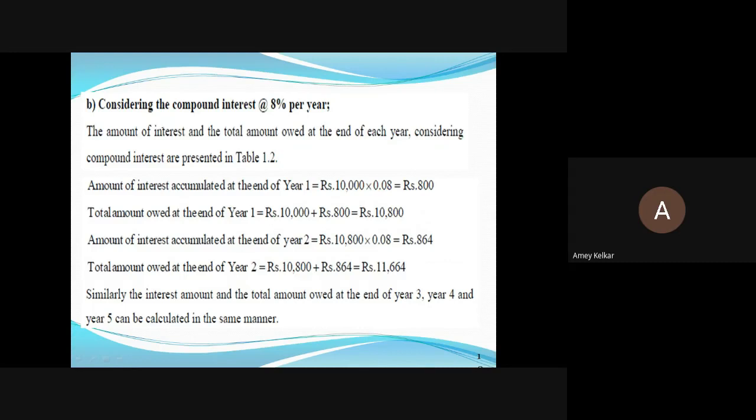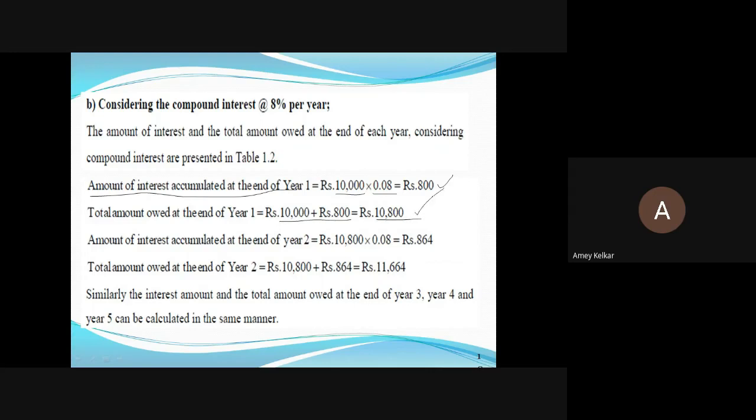Okay, so this calculation will make it clear to you. So amount of interest accumulated at the end of first year. So for first year, what is happening? Amount is 10,000. We are multiplying with 8%, so we get 800. So total amount at the end of the first year is 10,000 plus 800, which is 10,800.